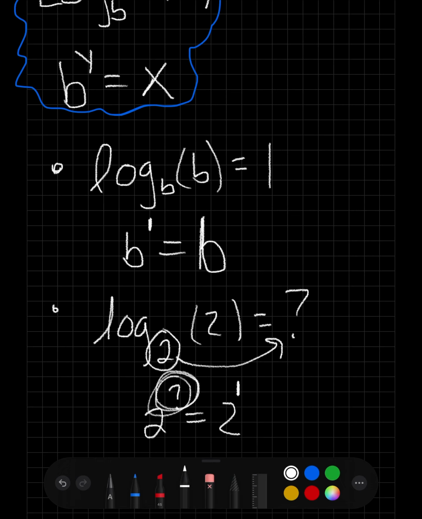This phrasing, if and only if, is sort of mathematical lingo. What it means is that if our first statement is true, our second statement has to be true. And if our second statement is true, our first statement has to be true. They both depend on one another.